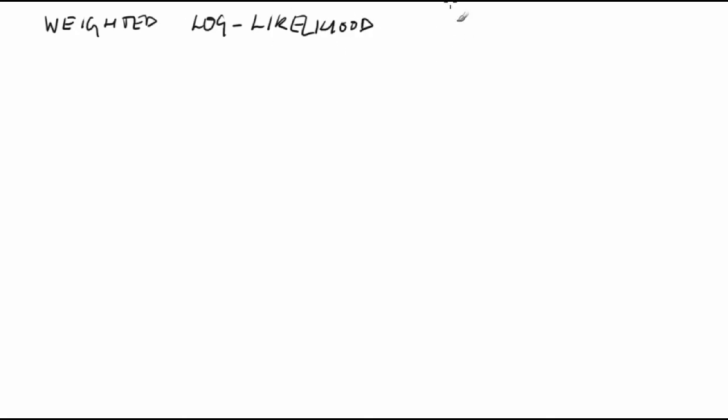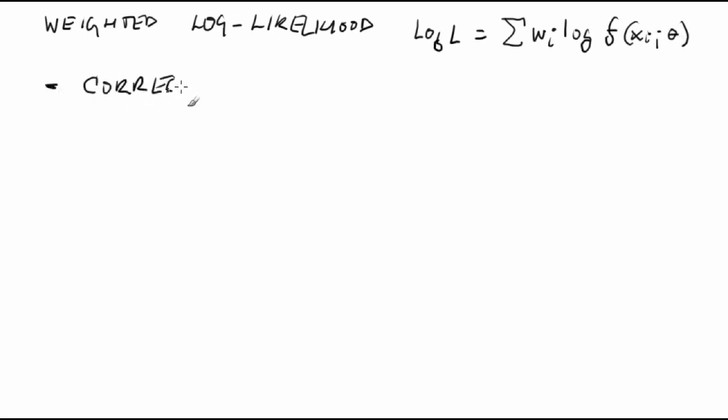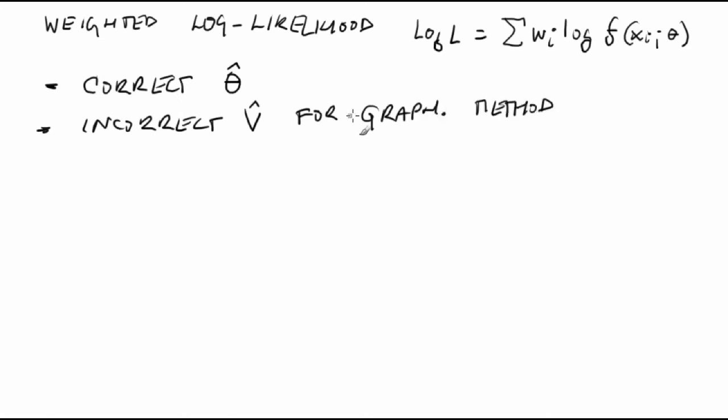But what about other parameters? And what if we do not use the normal distribution? One can be tempted to use the weighted log likelihood function and then continue with the method of maximum likelihood exactly as before. You should know that this approach will give you the correct estimate of the parameters, but you will not get the correct uncertainties if using either the graphical method or the method based on the Fisher information matrix.